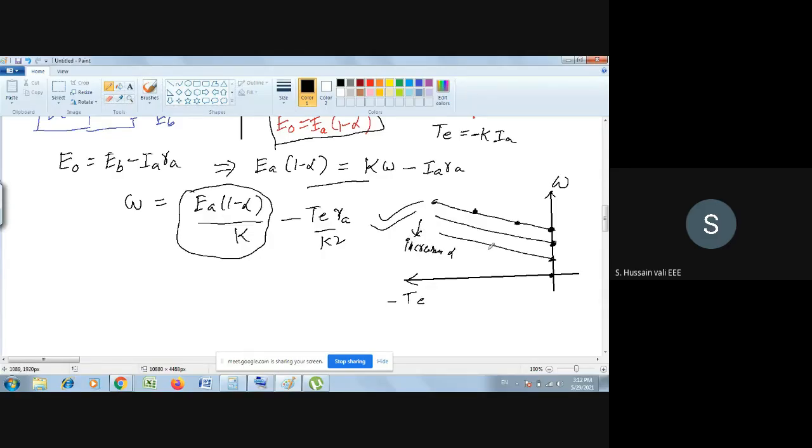Just from the equation, we are doing nothing else here. If you increase the value of alpha, then definitely that part which I put in the box will decrease. You don't have any other option. So this is the speed-torque relationship for the motor which we are discussing here.